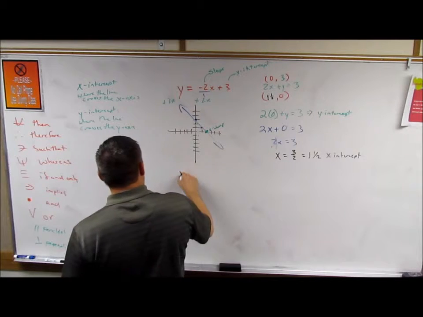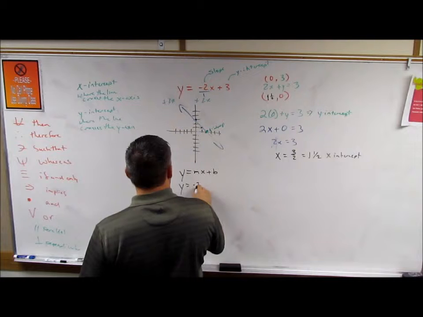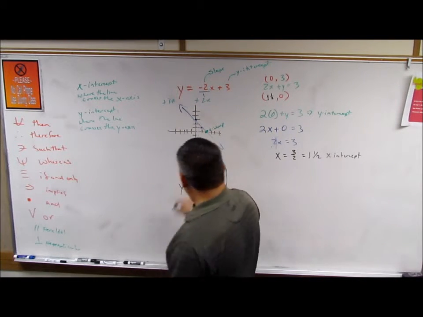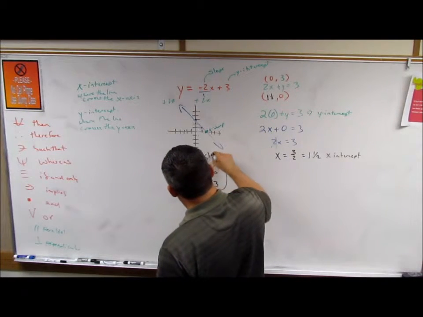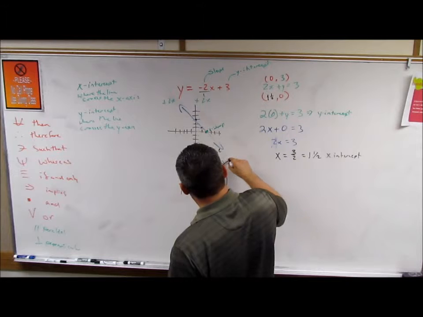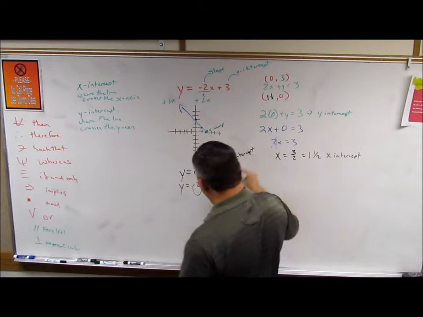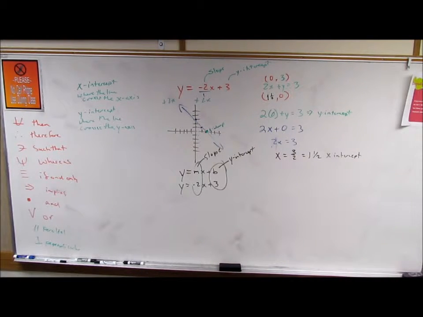Yeah. You should know, because y equals mx plus b, and y equals negative 2x plus 3. So b is 3, and m is 2. So m is the slope, and b is the y-intercept. And that's why you should know that.